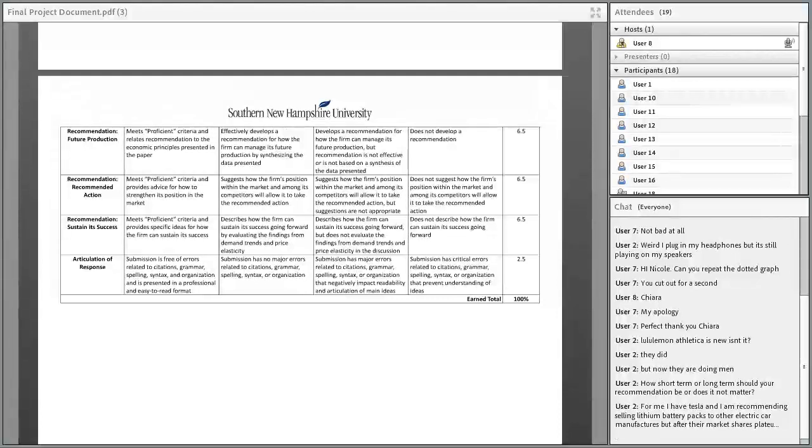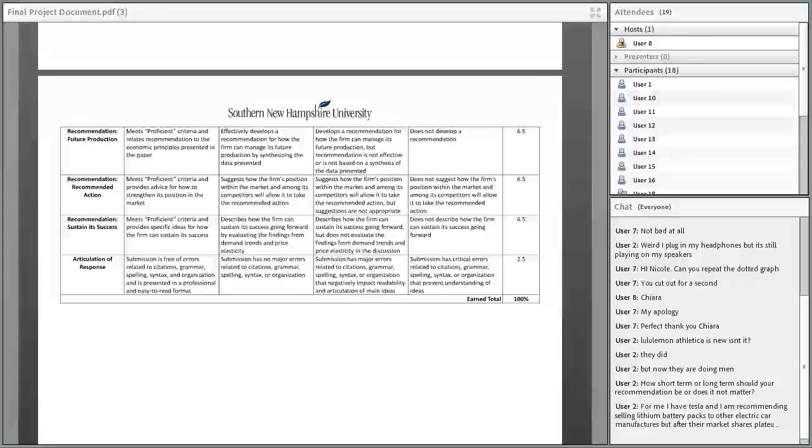For the last element, how will your firm sustain its success? Again, here you're going to be evaluating the demand trends you looked at and the price elasticity, and give a recommendation on how it will sustain its success in the future. And again, you will be specific. You will want to provide a concrete example, so you give specific ideas of how the firm can sustain it.